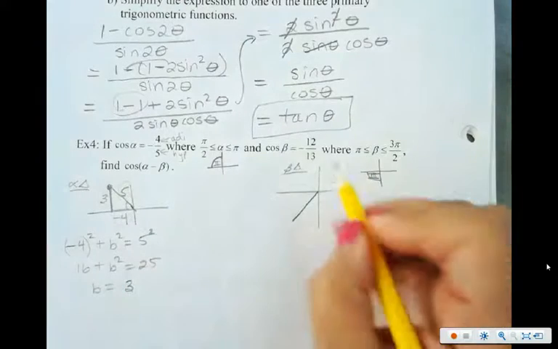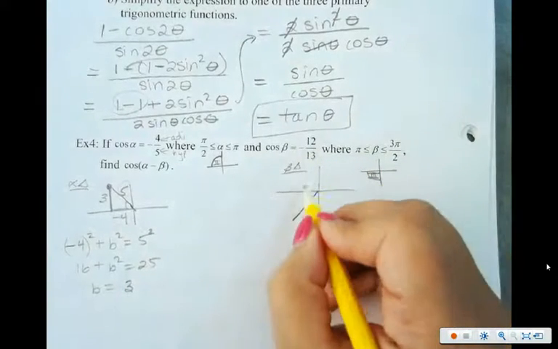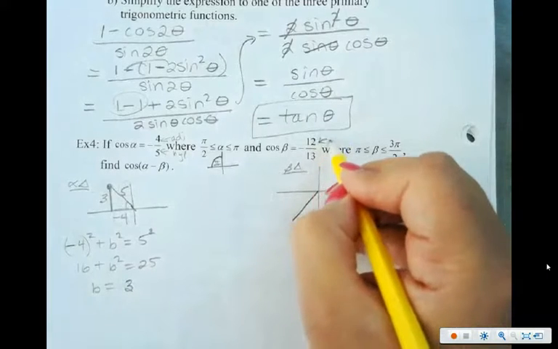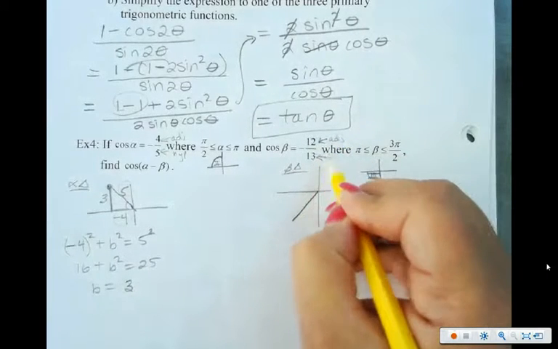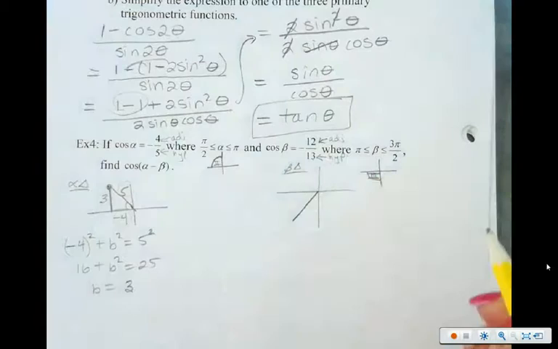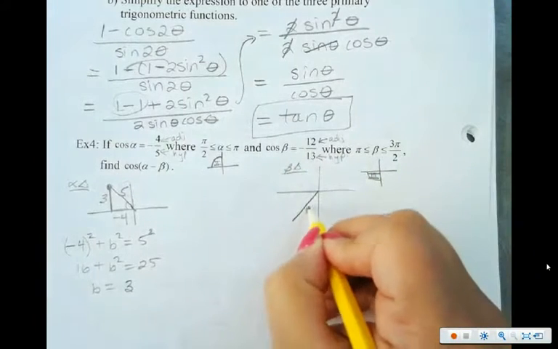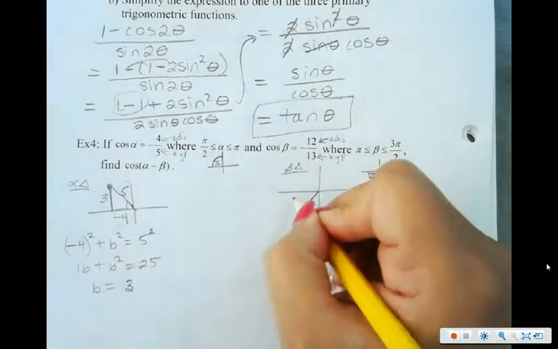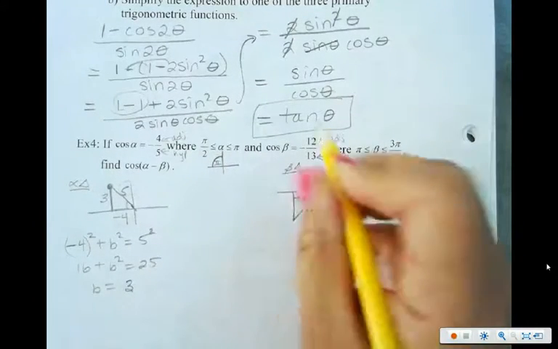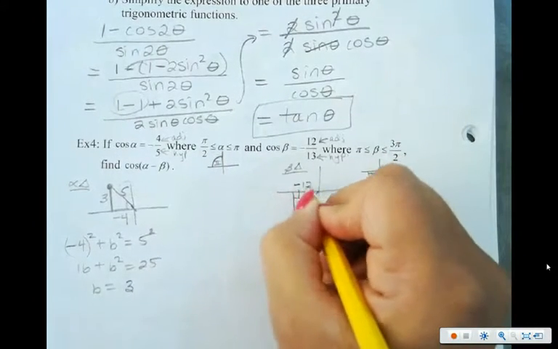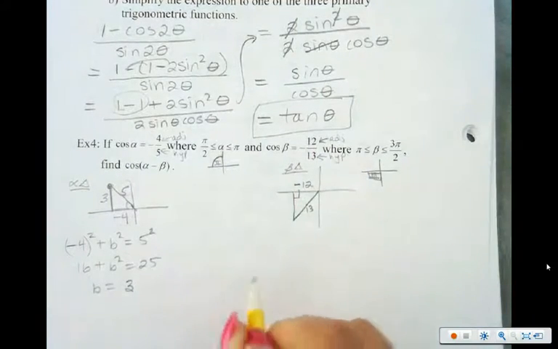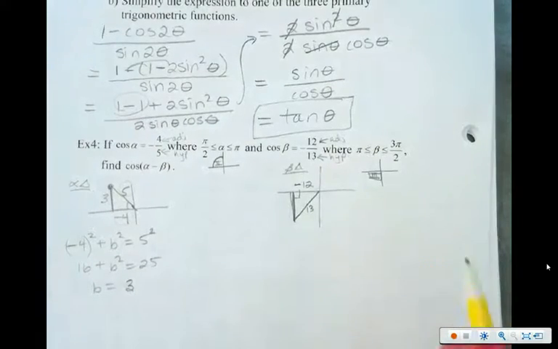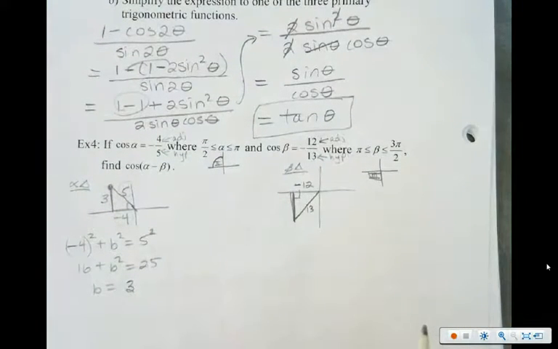This is my adjacent, and this is my hypotenuse, so this is 13. It is. You should be enthusiastic about it. It's so exciting. So I'm going to have my -12 here. And what is this going to be? This is another Pythagorean triple, I think.